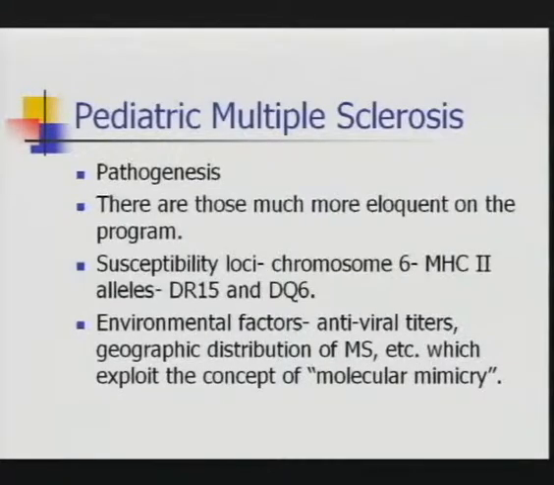On chromosome 6, there are two MHC class II alleles, DR15 and DQ6, which are greatly increased in terms of the numbers or amounts found in multiple sclerosis patients. But there certainly are interactions of environmental factors such as viral titers and geographic distribution. All of the genetics together are really exploited in the concept of molecular mimicry that has been thought to have been responsible for MS.